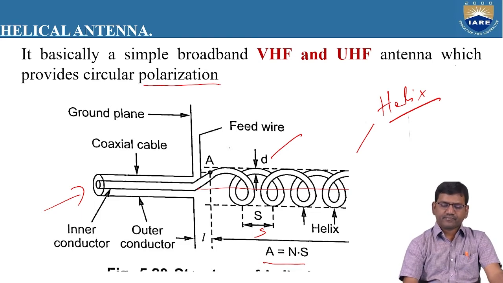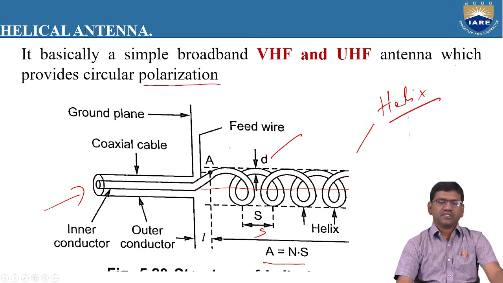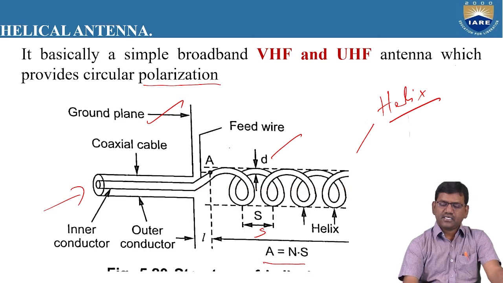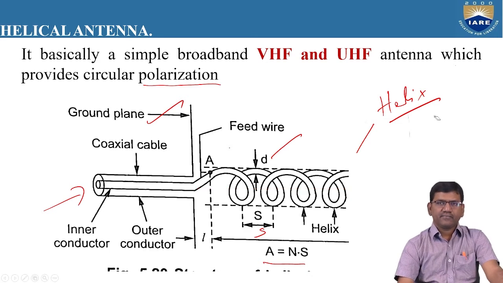Here, the outer conductor is connected to the ground plane, and the inner conductor is connected to the helical antenna. Generally the transmission line that we use to feed the helical antenna is known as the coaxial cable.